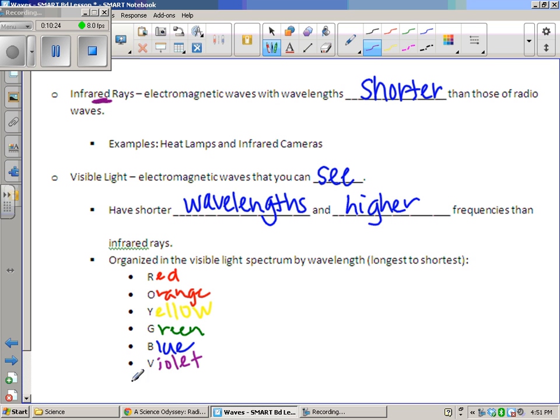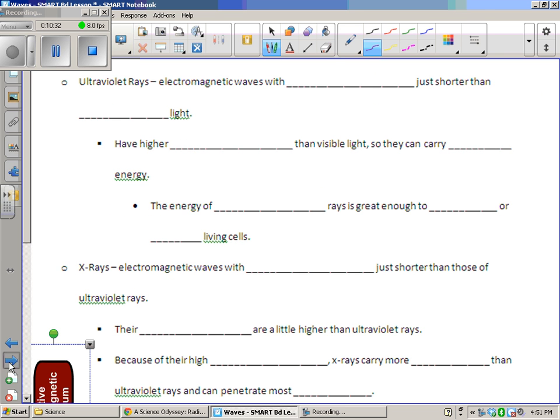And then the shortest wavelength in the visible light spectrum is violet. So when we go to the next part, ultraviolet rays, we know that's right after your visible light spectrum, and that's even shorter wavelengths than your visible light spectrum.